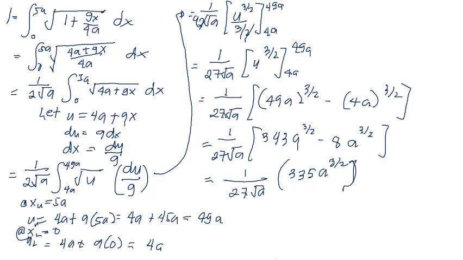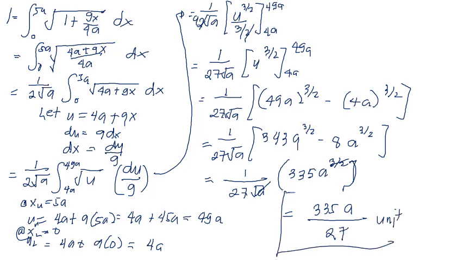Alright. Then we could cancel out this one. So 3 halves all over 1 half, that's 1. So we have now our final answer as 335a all over 27 units. So this is now our final answer. This is the length of this curve here, by the given equation, or the given parameters that we have.